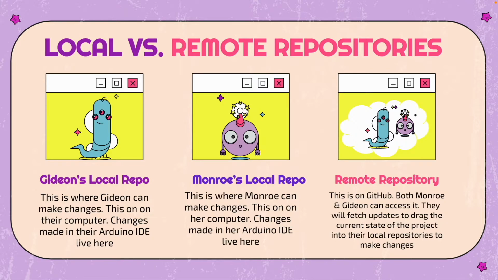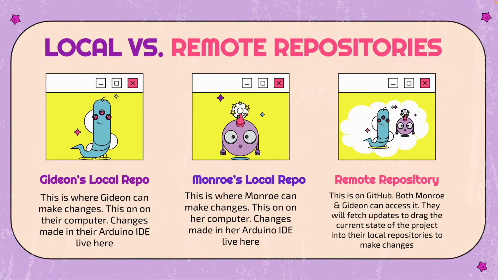You do that in the Arduino IDE still, and then when you save it, those changes get saved to your local repository. It just lives right on your computer. And you'll see this when we walk through an example. So same with Monroe's. The difference is that one lives on Gideon's computer, the other one lives on Monroe's computer.